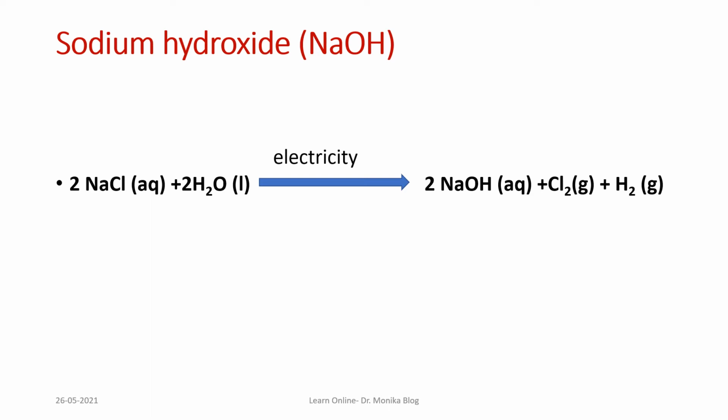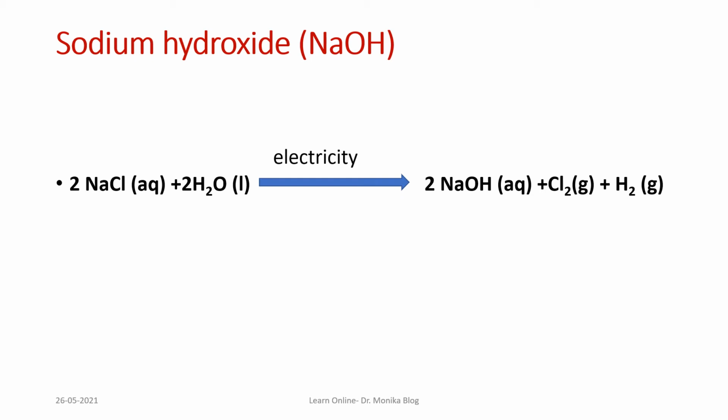Why is this called the chlor-alkali process? Here the released chlorine gas is the chlor and the formation of sodium hydroxide is the alkali. That's why this process is also called the chlor-alkali process.